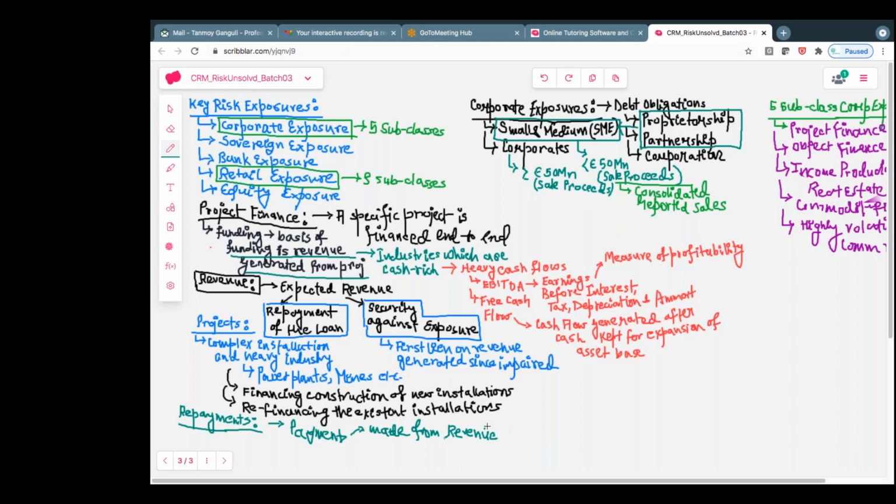Now, these payments we are making are either made partially or solely.